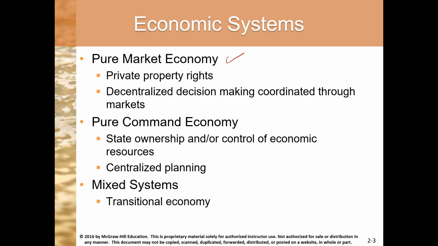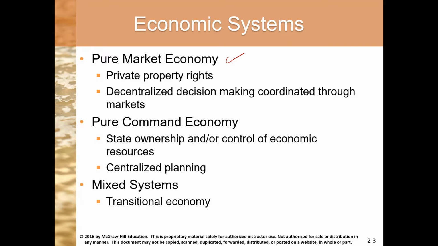What does that mean? In order to have a pure market economy, the necessary condition is that property rights are guaranteed for every individual. That enables markets to actually function.